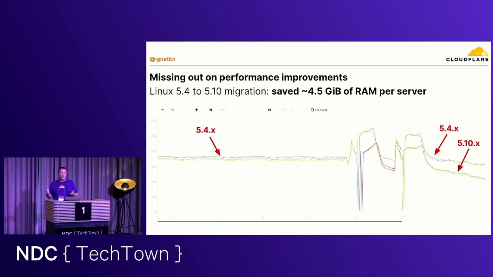So imagine if you own a huge infrastructure and you're saving 5 gigs of RAM per server or per device, and you have a lot of devices, that's a huge cost saving, especially if you run applications in cloud environments. You probably know how expensive RAM is these days.